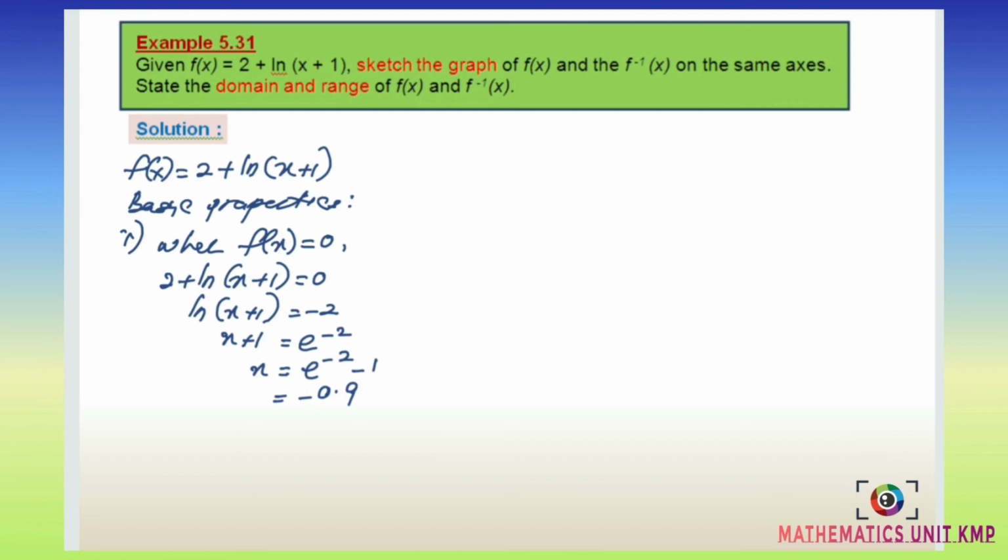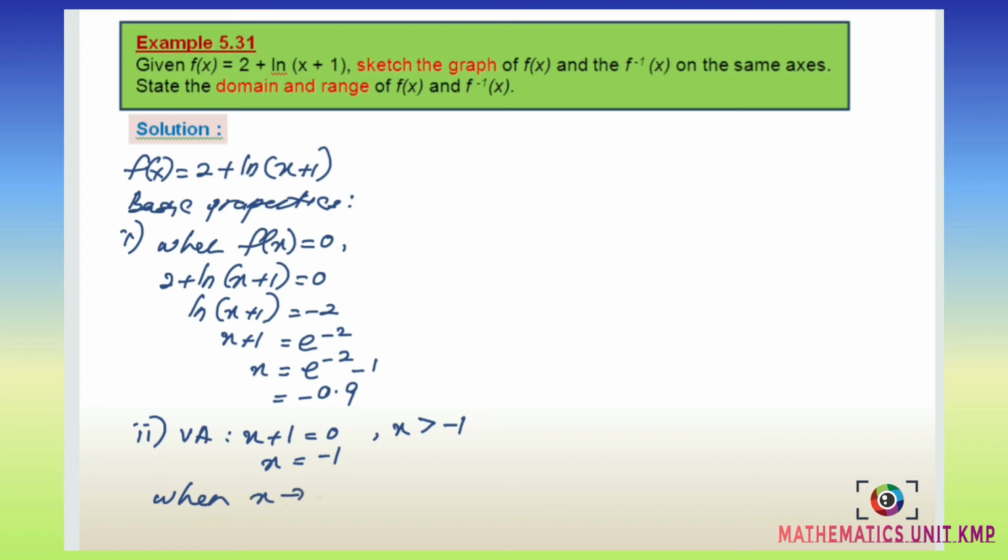Next, for the second step, find the vertical asymptote. For this function, ln(x plus 1), that means x plus 1 must be greater than 0. x plus 1 equal to 0, x equal to negative 1. That means x must be greater than negative 1 for this function.